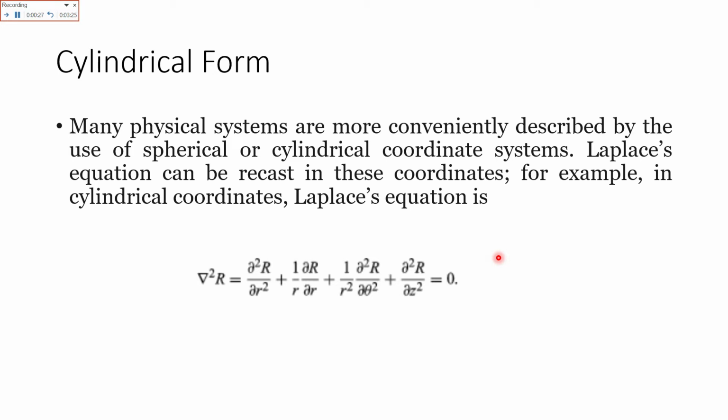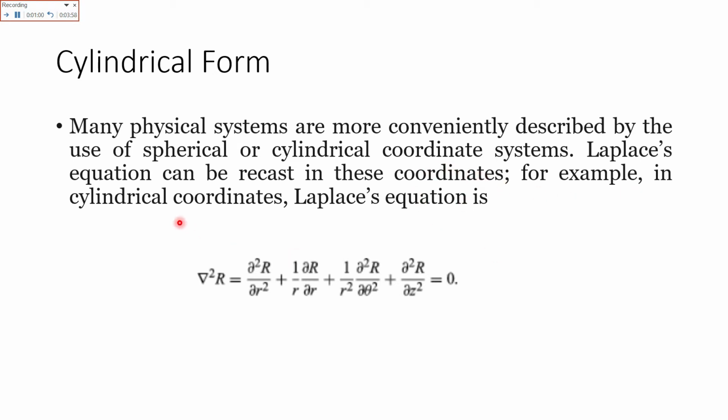Because of the periphery and the cylindrical structure of the pipe, we apply the Laplace equation in the cylindrical form. Also in space analysis, we apply the Laplace equation in the spherical form. Many physical systems are conveniently described by the use of spherical or cylindrical coordinate systems, and the Laplace equation can be recast in these coordinates as well.